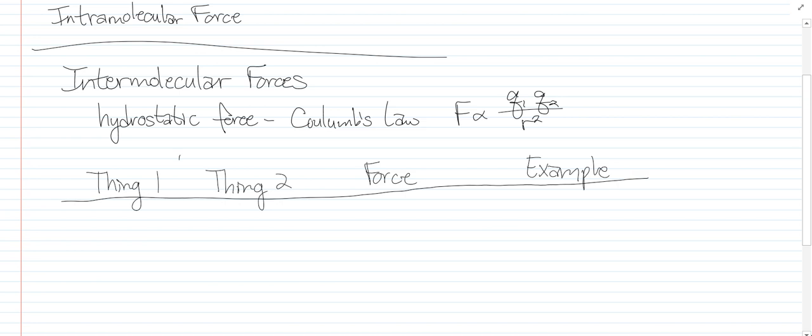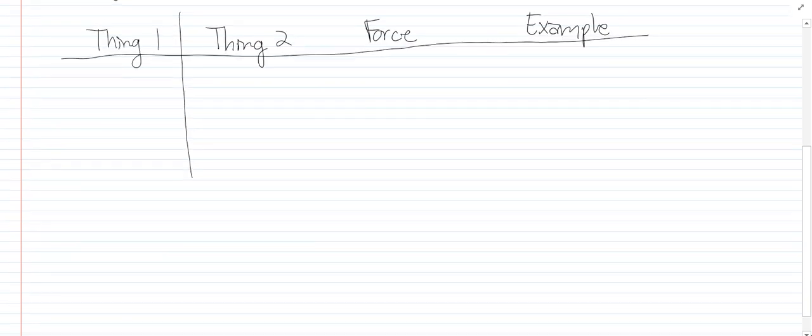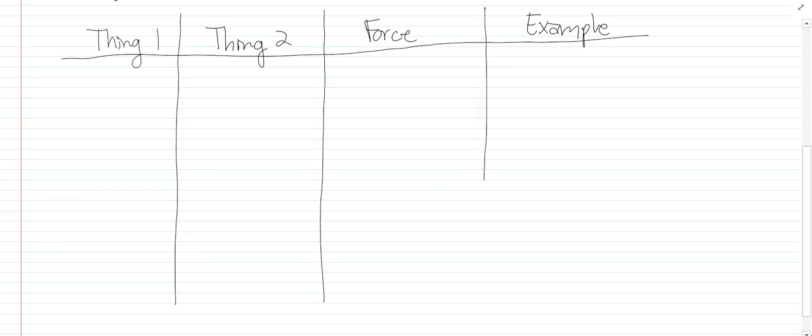So then these forces are named based off of the type of charge that the two molecules interacting with each other have. So to give you an example that you're familiar with, if thing 1 is an ion and thing 2 is an ion, then the force that attracts them is, believe it or not, called ion-ion.